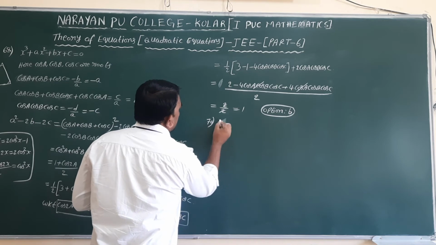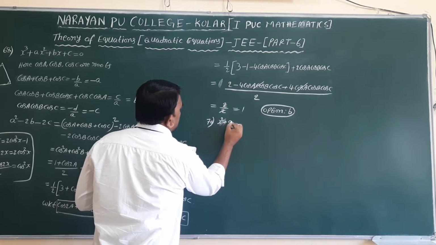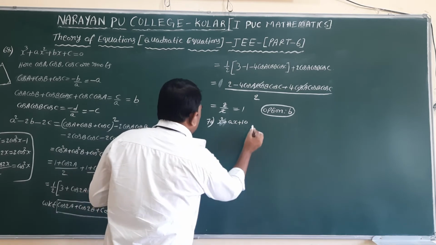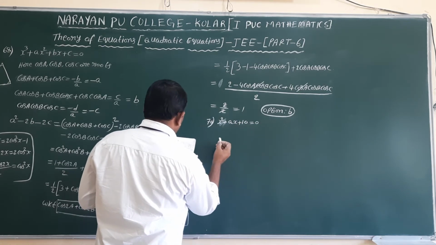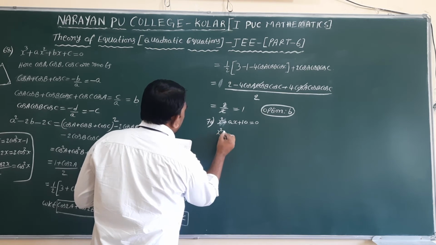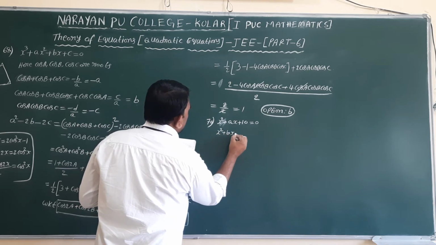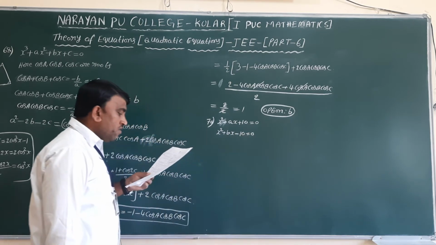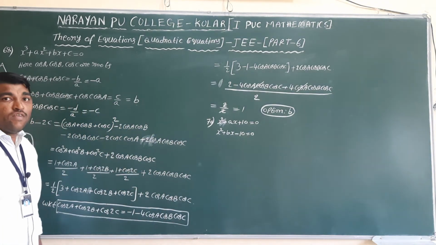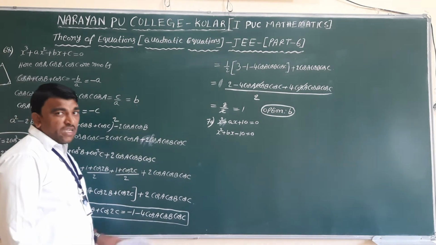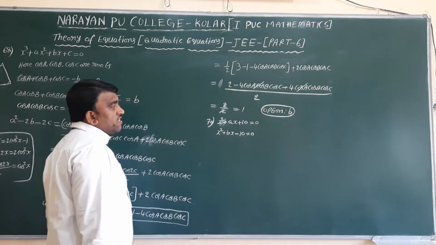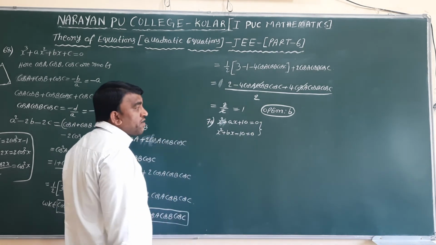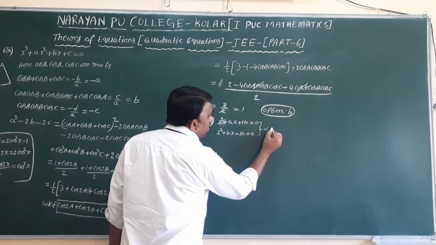If x square plus ax plus 10 is equal to 0 and another one is x square plus bx minus 10 equal to 0 have a common root, then what is the value of a square minus b square? So for these two equations having a common root, let us take alpha as the common root.